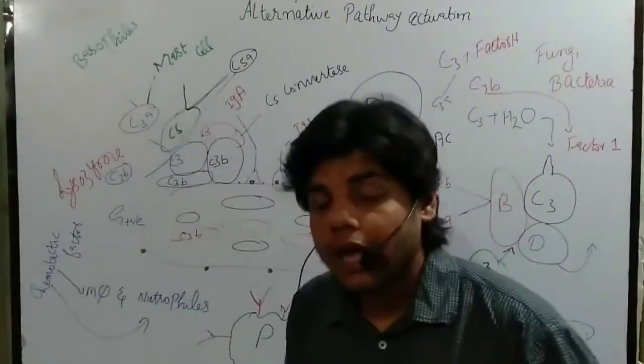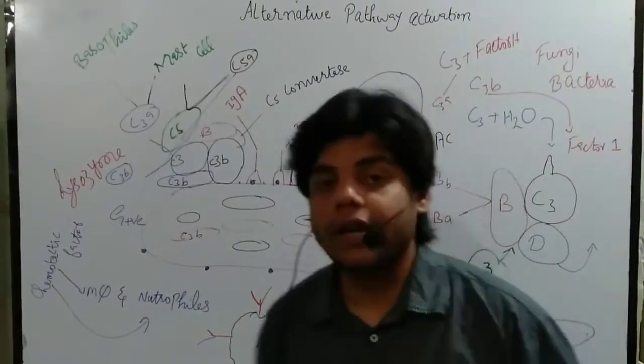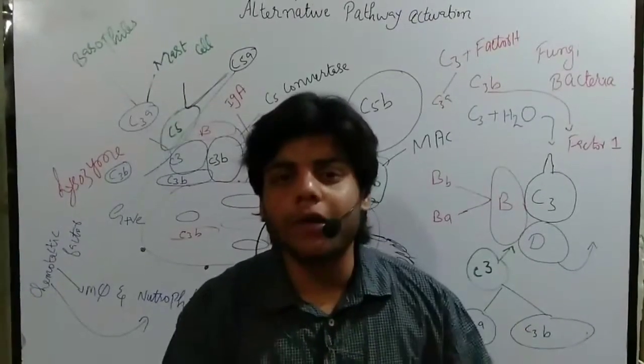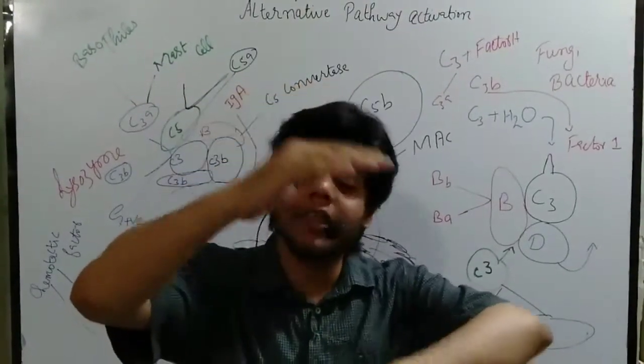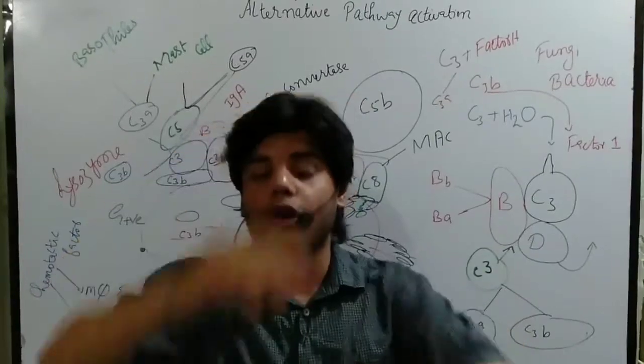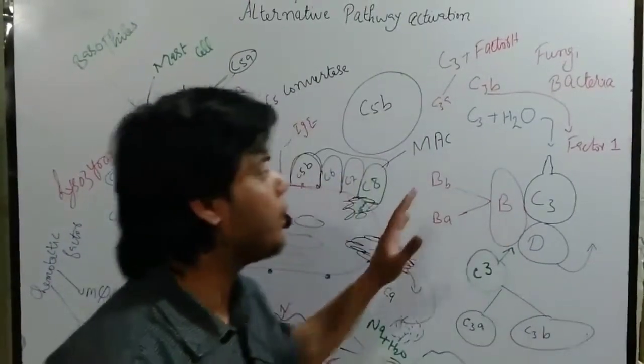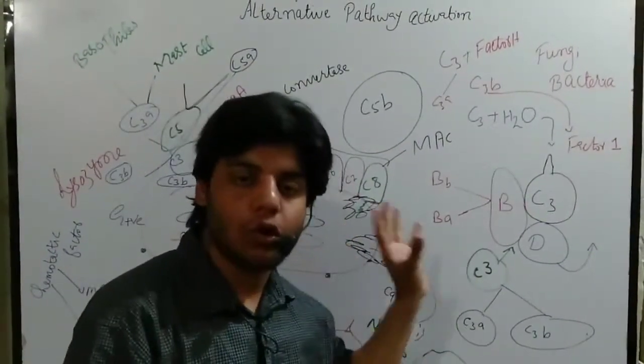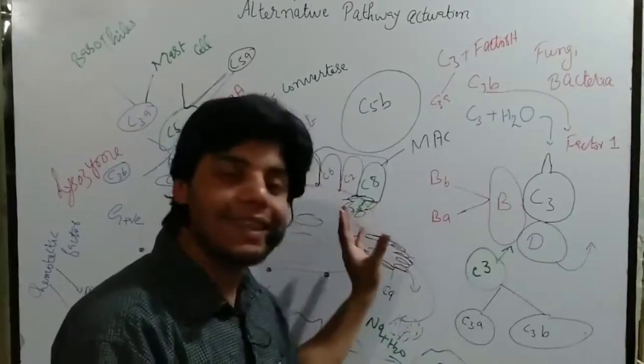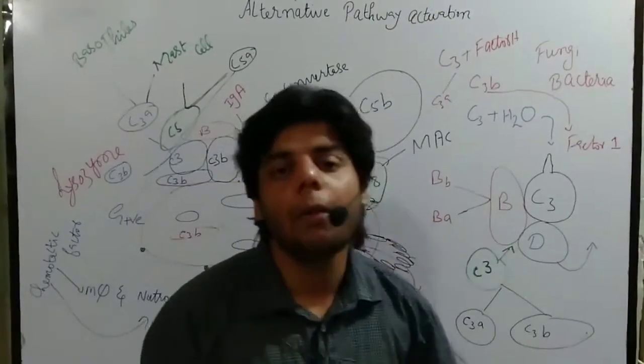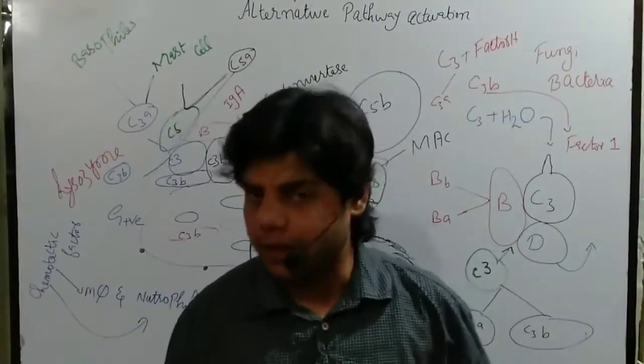Okay. In case of gram-positive bacteria, as all of you better know, they don't have the outer membrane, they have the thick peptidoglycan layer. So it is very difficult for the complement system to digest or kill this gram-positive bacteria because they don't have the lipopolysaccharide as well.